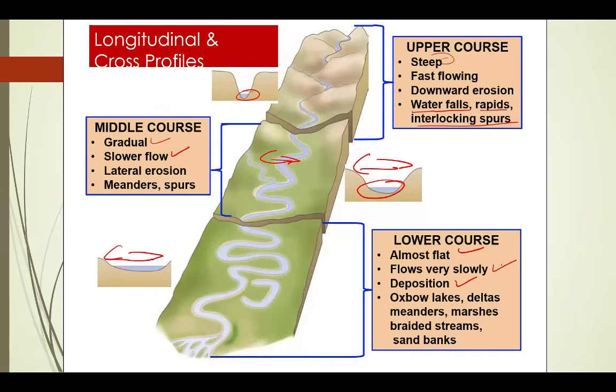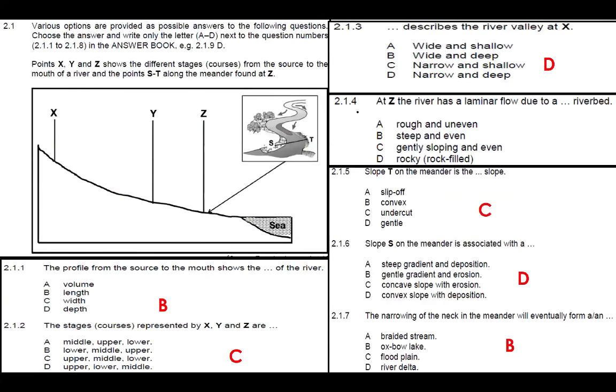There is dominance of deposition. Then we have different features occurring there: oxbow lakes, deltas, meanders, marshes and flats, braided streams, and sandbanks. So these are what you can expect to find in the lower course of the river.